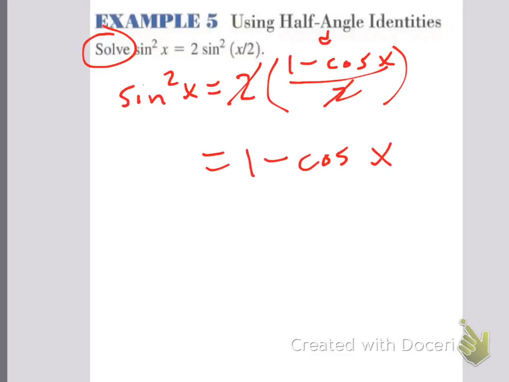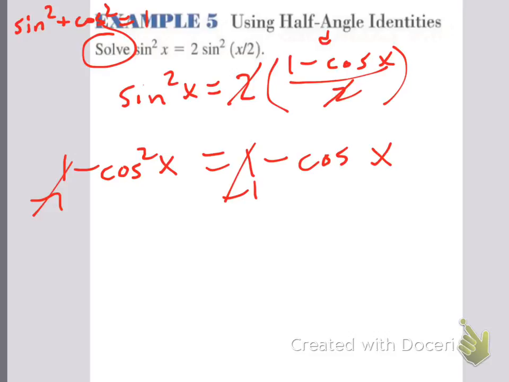Now, to the left side, how can I rewrite sine squared x? The answer might be easier than you think. Think about all the way back in 5.1. Sine squared plus cosine squared equaled 1. So sine squared is 1 minus cosine squared. Now, if I subtract 1 from both sides, those go away.